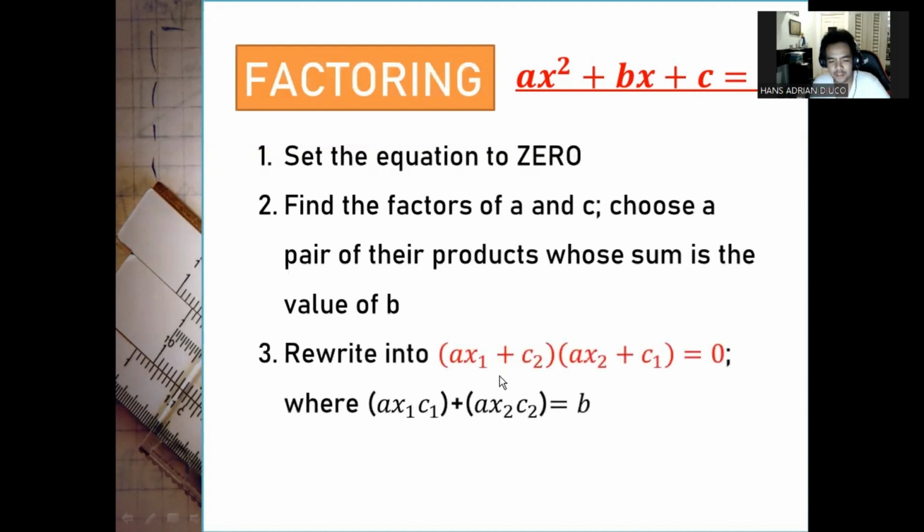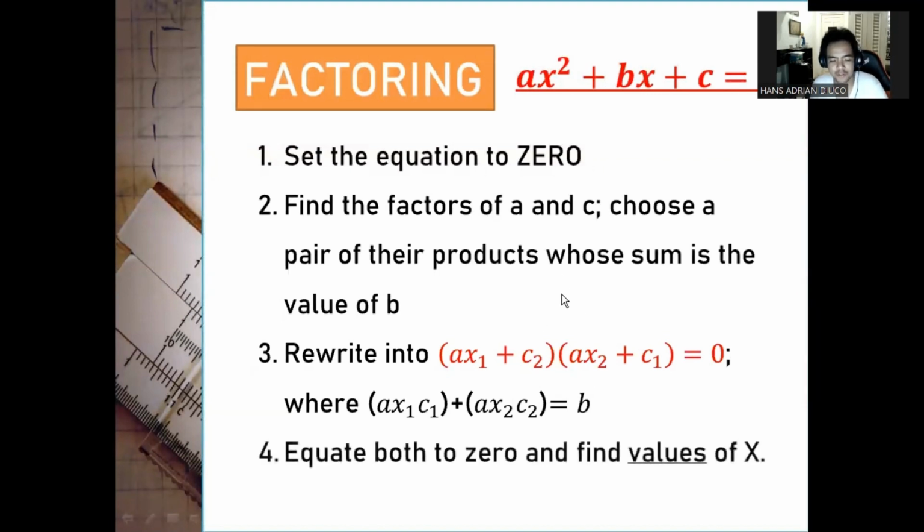Rewrite into (a x sub 1 plus c sub 2)(a x sub 2 plus c sub 1) equals 0, whereas a sub 1 c sub 1 plus a sub 2 c sub 2 is equal to B. So equate both factors to 0.